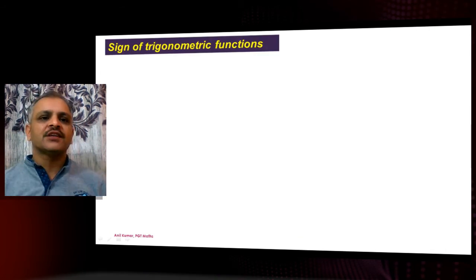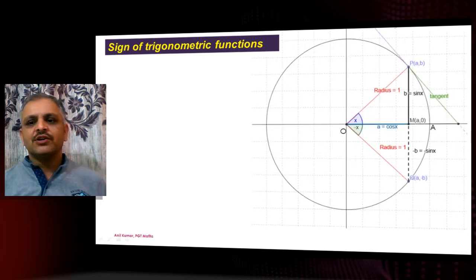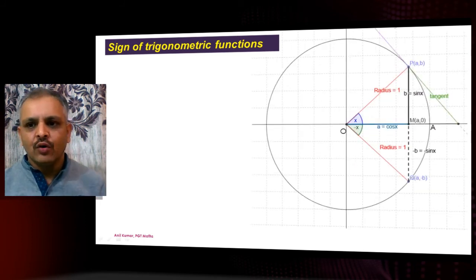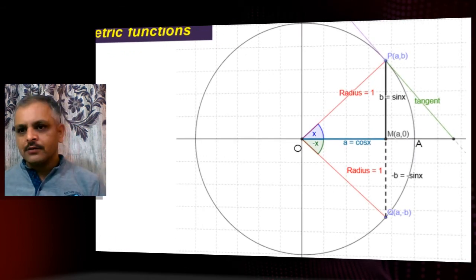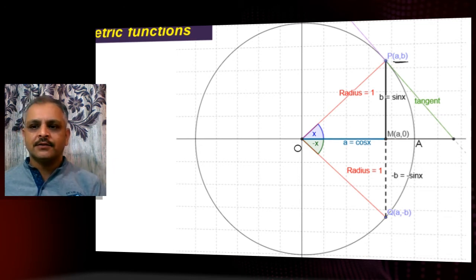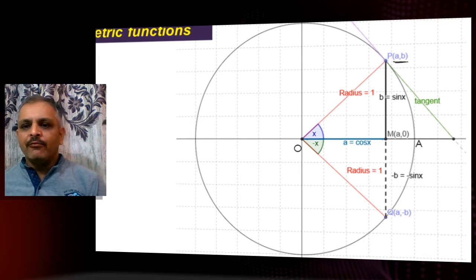First of all, we will discuss the sign of trigonometric functions. So this is a unit circle whose center is at O and radius is 1 unit. The coordinates of point P are (a, b), and it subtends an angle of x radian at the center. Now this base OM will have the length equal to a.